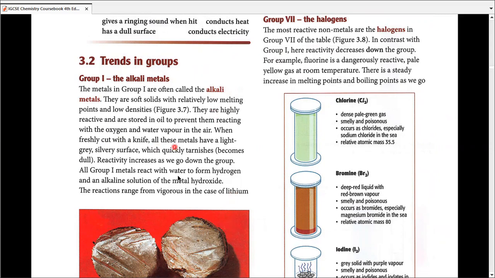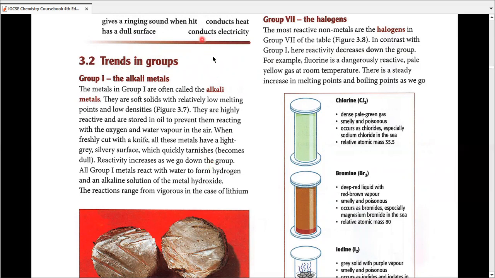But those properties are written here in a mixture. So what I ask my students is to keep numbering those properties as first physical property or first chemical property, and so on and so forth. That way, you can easily answer a specific number of physical or chemical properties if asked by the examiner.